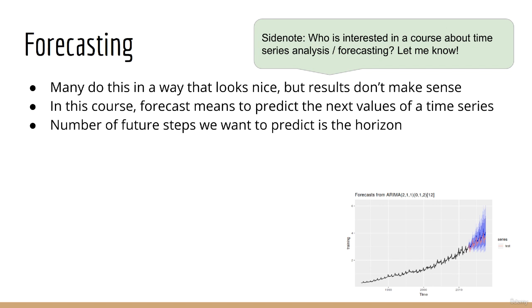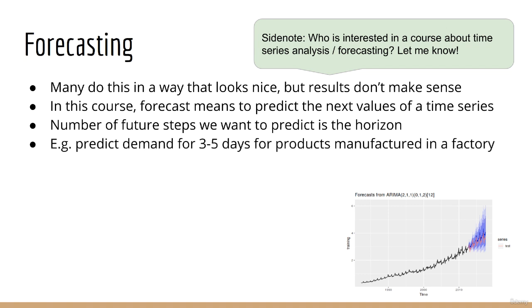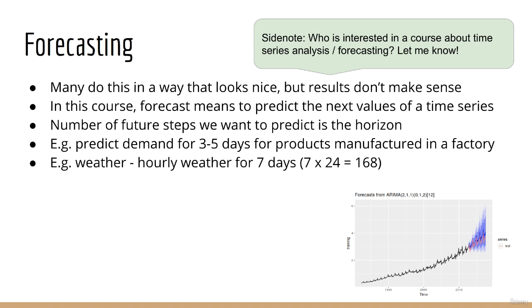In some applications, your horizon might be 3 days or 5 days. For example, if you're trying to predict the demand for each product at a factory, you might want to forecast the demand over the next 3 to 5 days. Another pretty obvious example is the weather. Let's say we want to predict the hourly weather over the next 7 days or so.